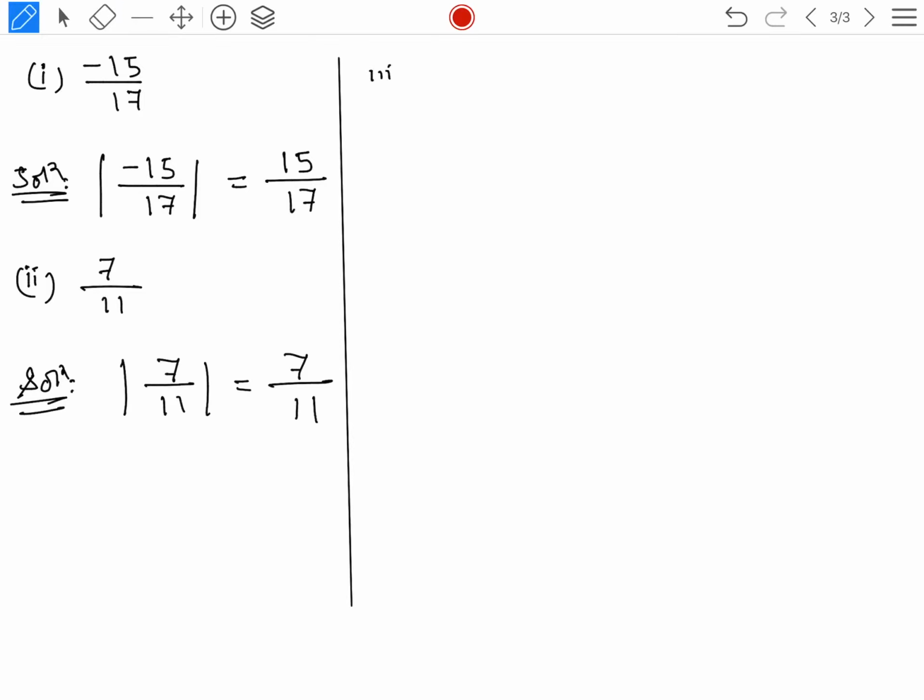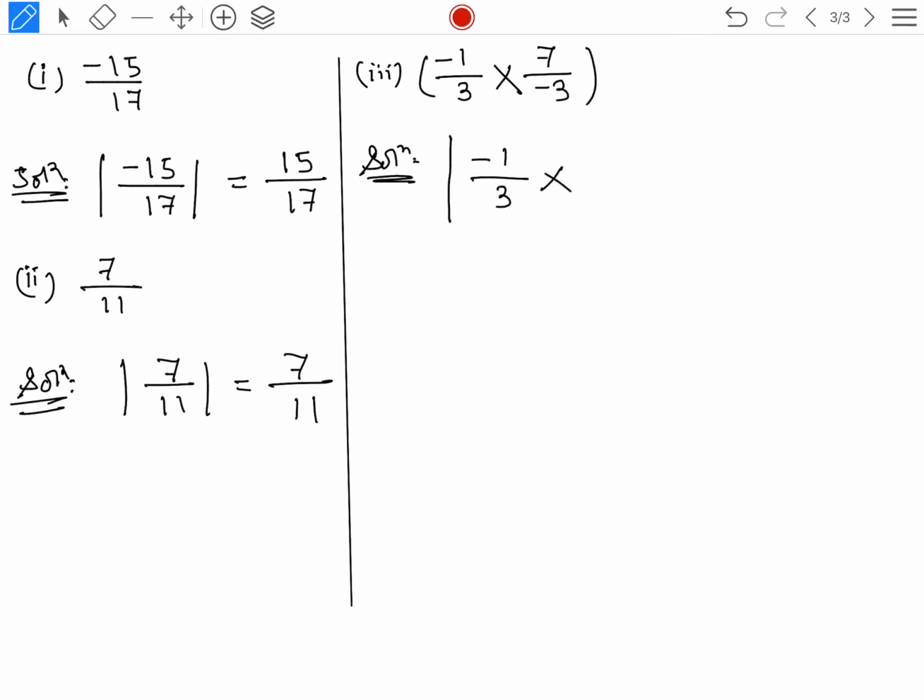Write another one. Minus 1 by 3 into 7 by minus 3. Okay, you need to find the absolute value of this one. Don't get confused. See, anything that is given to us, you will write between these absolute value symbols.